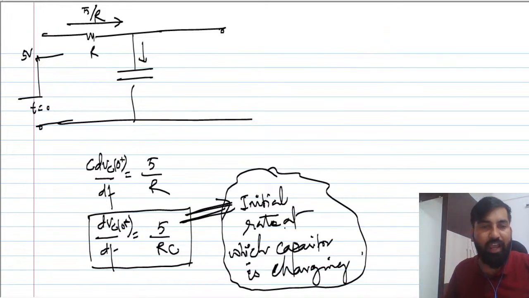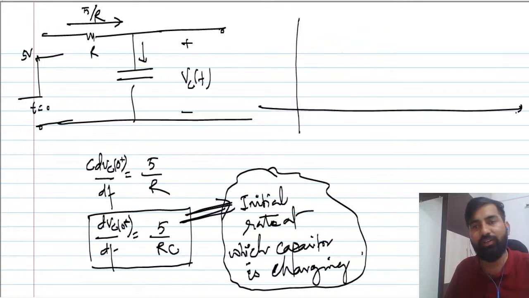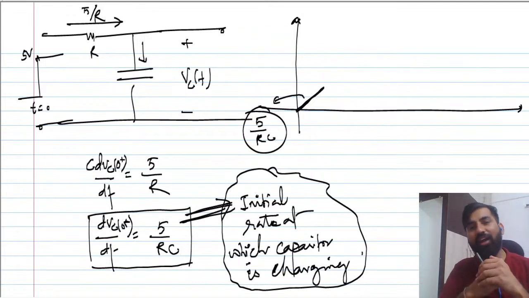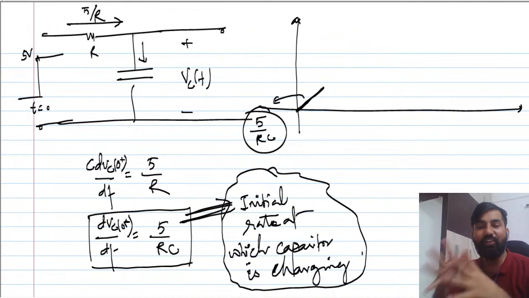If I want to find the voltage across this capacitor, V_C(t), we can directly start plotting this. This initial slope is nothing but 5 by RC, the rate of change of voltage at the moment you apply the input. How did I find this 5 by RC? It is the initial rate of change.